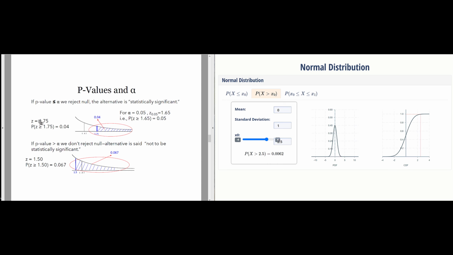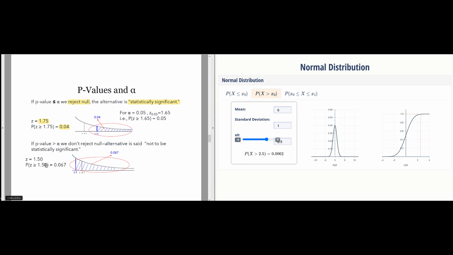So in the case where we got a z-score of 1.75 and the p-value is therefore 0.04, and that p-value is less than the alpha, we say that we're going to reject the null, and we describe the alternative hypothesis as being statistically significant. Okay, so the alternative is statistically significant in this case.